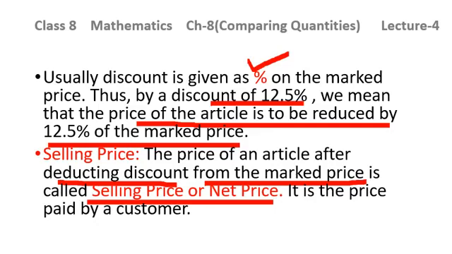It is the price paid by the customer. Obviously, the customer pays the selling price. We are the customers and we need to pay the selling price or the net price.